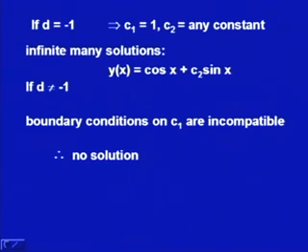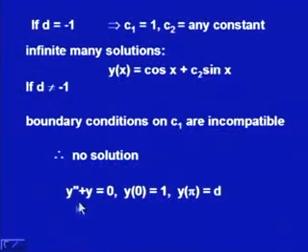So, we have seen in this example, where I had taken a general constant d in the condition, that if d is minus 1, we are getting infinitely many solutions, and if it is not minus 1, we are getting no solution.